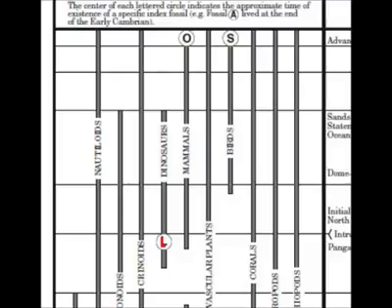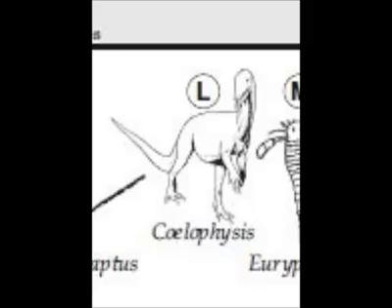So you'll see in the dinosaurs bar, it would have letter L, which is a Coelophysis, I think that's how you say it. Dinosaurs existed for that entire bar, but that one animal only existed for a short time. So if you find that one animal, that tells you that you're towards the late Triassic, and that helps you date other objects and animals and fossils that you find in that same layer of rock.